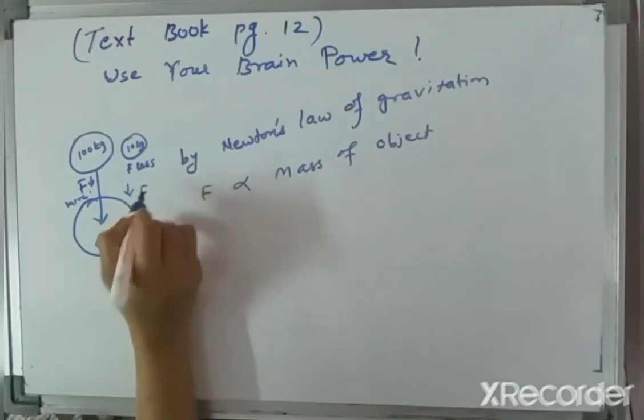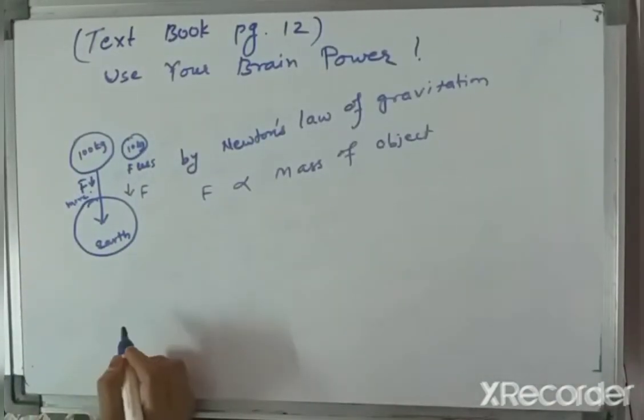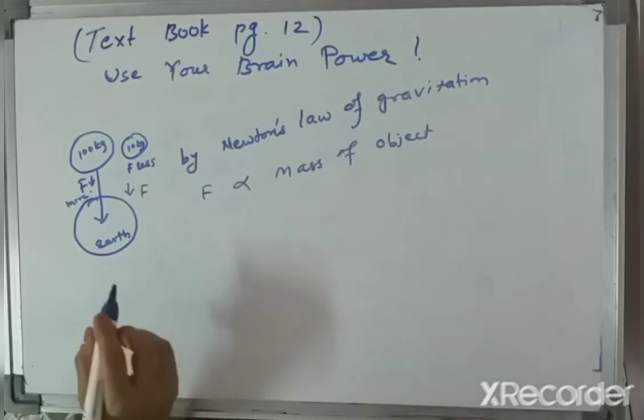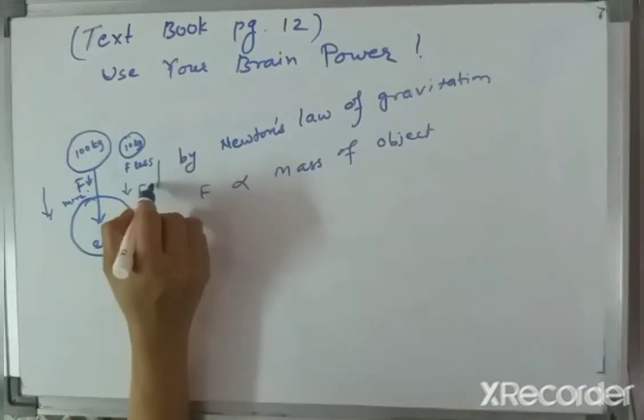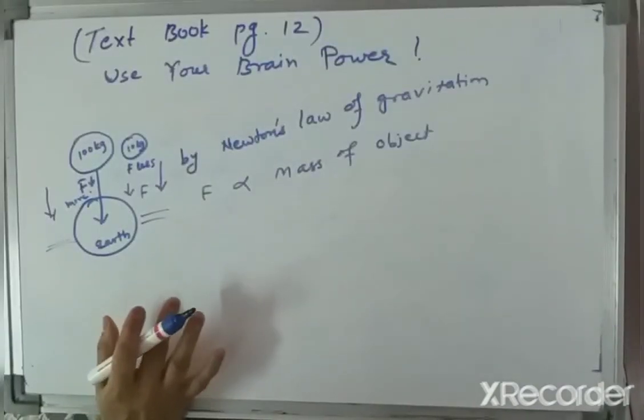Isn't it? If it is so, then why does the object with higher mass not fall down with higher velocity as compared to the object with lower mass? When objects are falling down, why are they falling at the same time in the free fall condition?